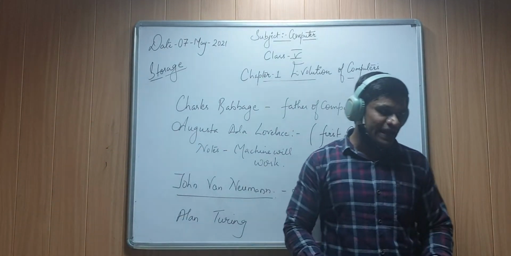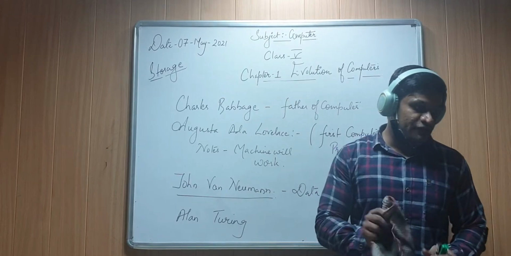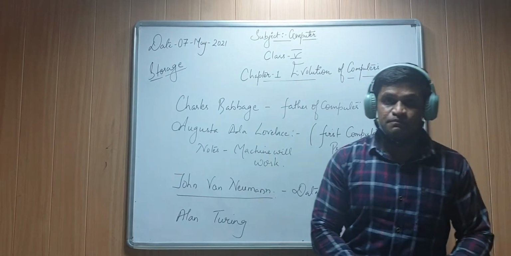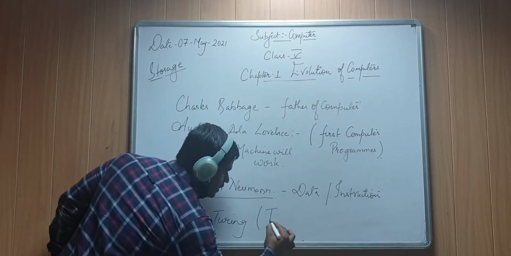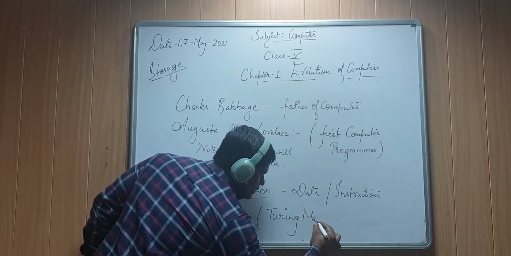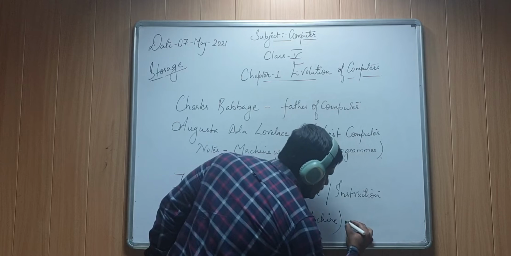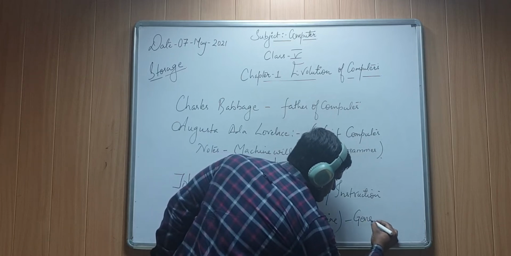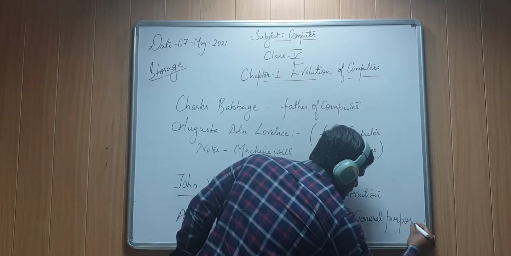Alan Turing was an English computer scientist and a mathematician. He had invented a machine which was known as Turing machine, which was the first general purpose computer. Please remember, it was the first general purpose computer.